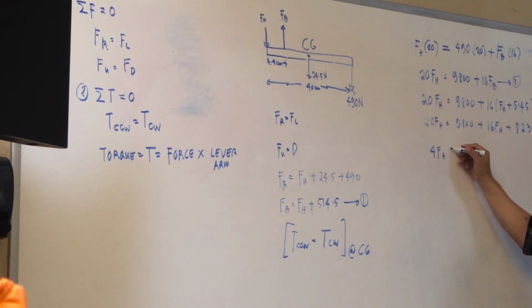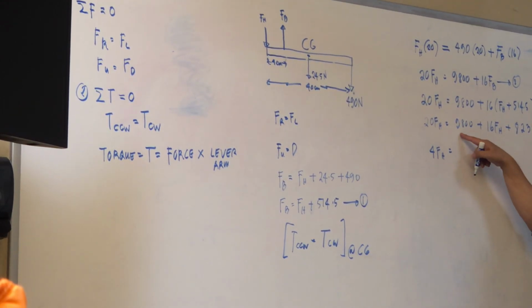4 FH is equal to 9800 plus 8232, which is 18,032.